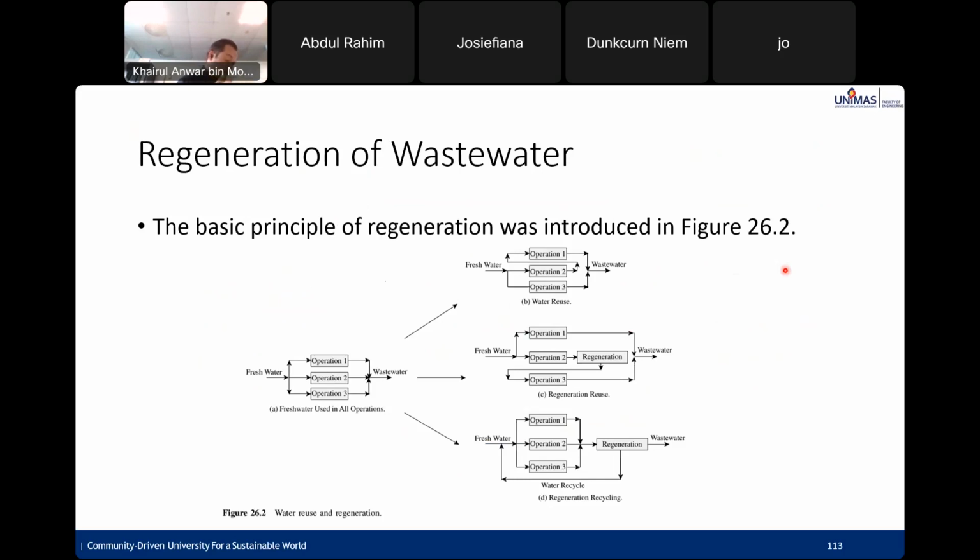How to reduce it more is to regenerate the wastewater instead of discharging it. The basic principle of regeneration was introduced in figure 26.2.